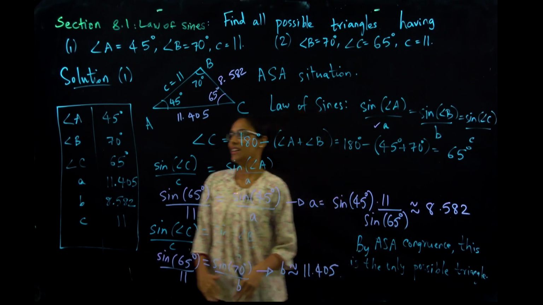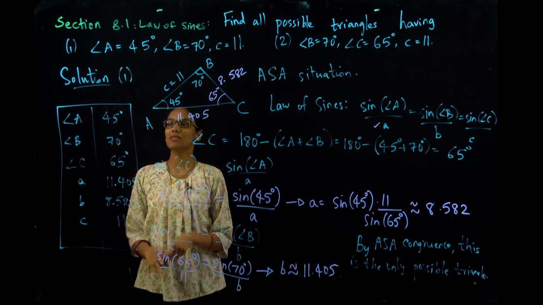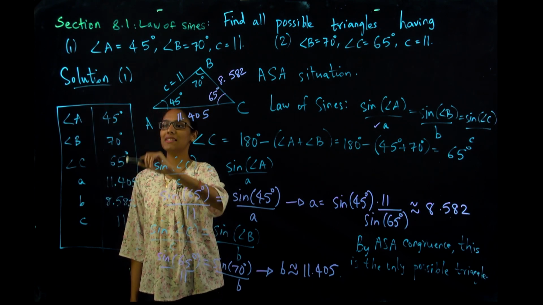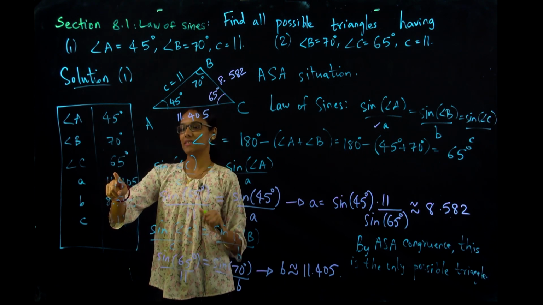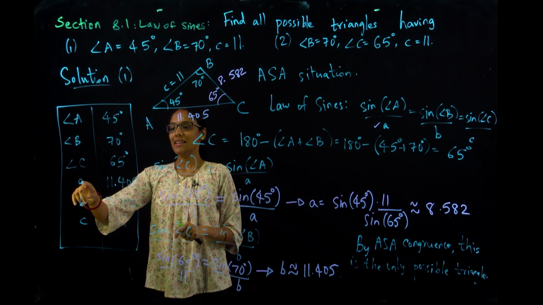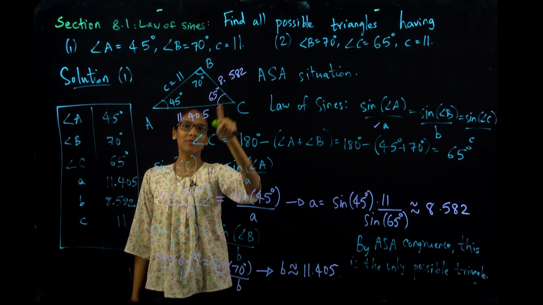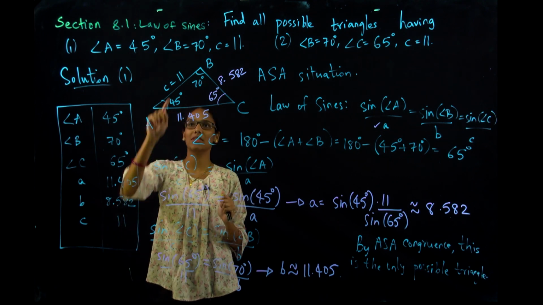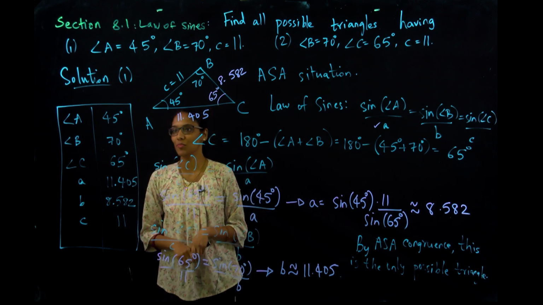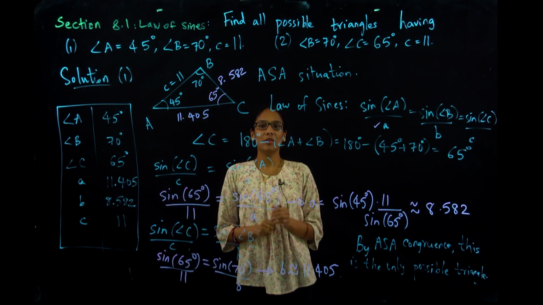Okay, so here is the table of values. Angle A is 45 degrees, angle B 70 degrees, and angle C we found is 65 degrees. Side A is 11.405, side B is 8.582, and side C, which was given to us, is 11 units. Let's have that there for part 1.